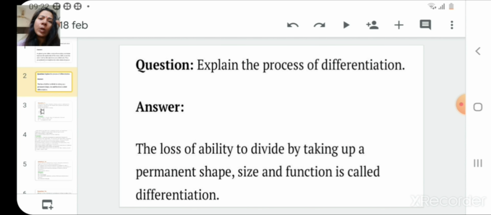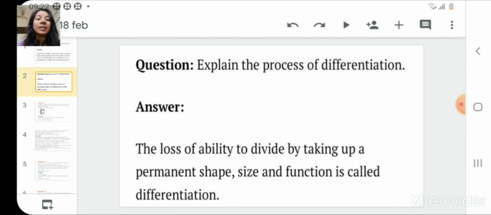In the beginning of a cell, the cell is undifferentiated. It has not got a particular kind of shape, size and function. Nothing is decided. So that time that cell is called undifferentiated cells.